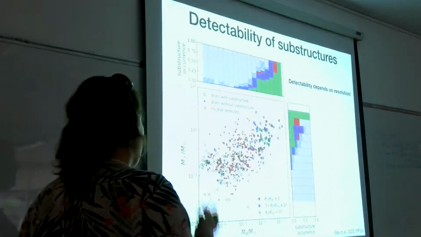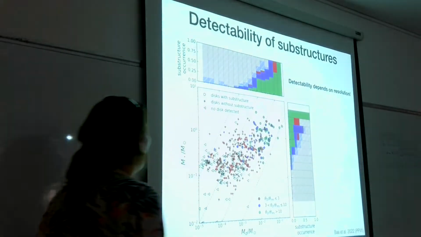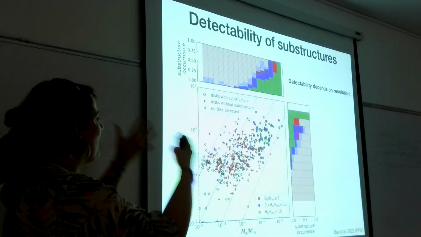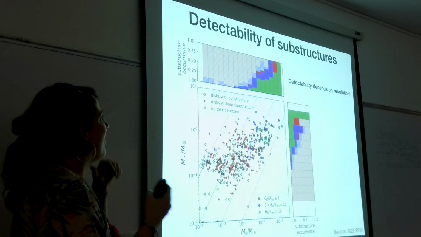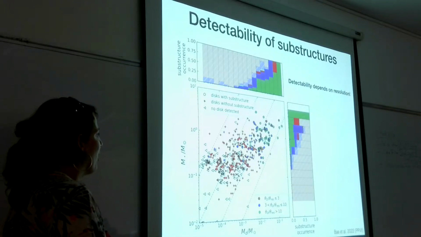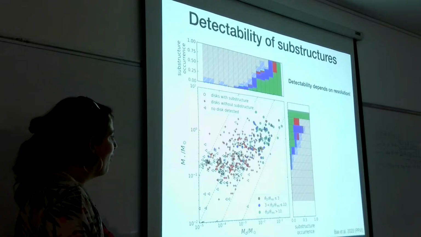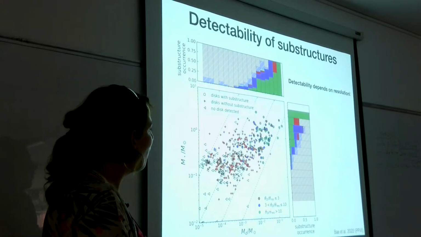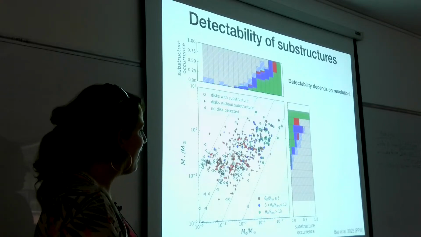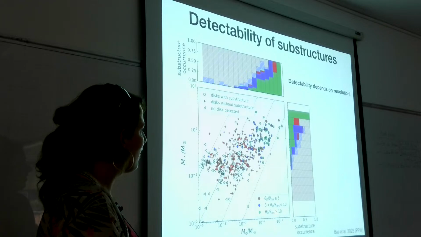So in this review paper, they try to visualize this detection bias and the detectability of substructures. They said, well, you have disks that are well resolved, they're green, so the size divided by the resolution is larger than 10.